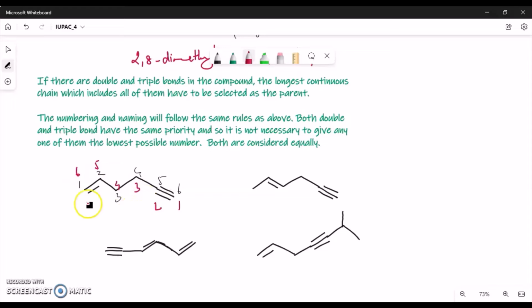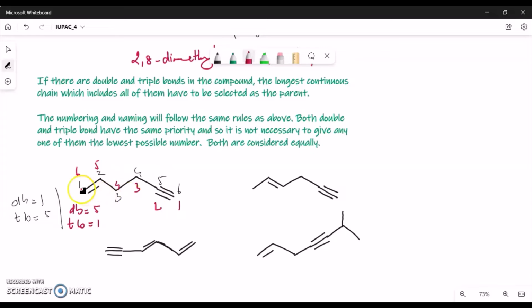When I go from left to right according to the black numbering, the double bond will be 1 and the triple bond will be 5. Whereas if I go in the red way of numbering, the double bond will be 5 and the triple bond will be 1. So numbering from left to right or right to left will give the same 1 and 5.